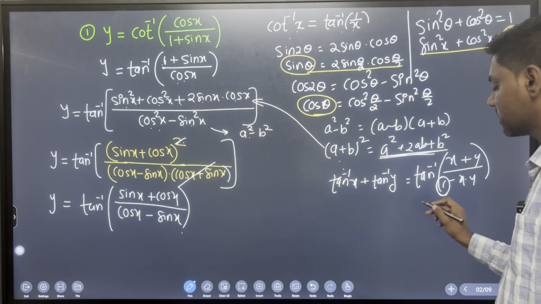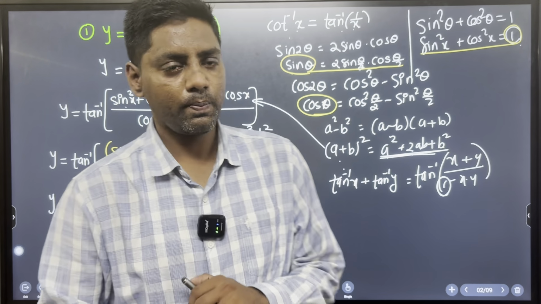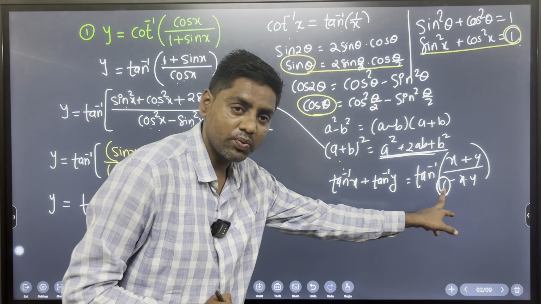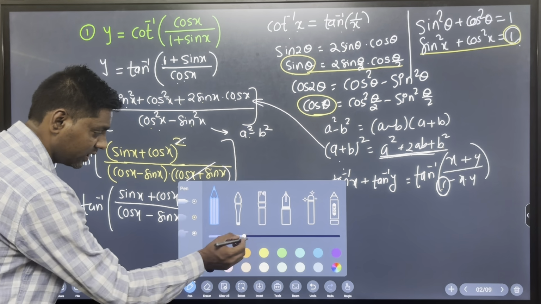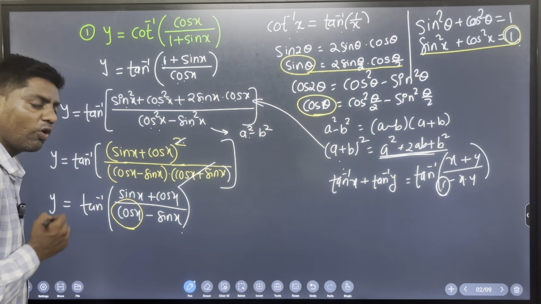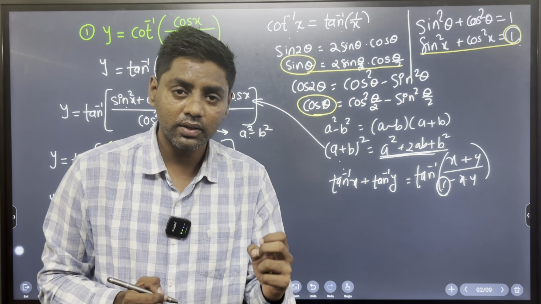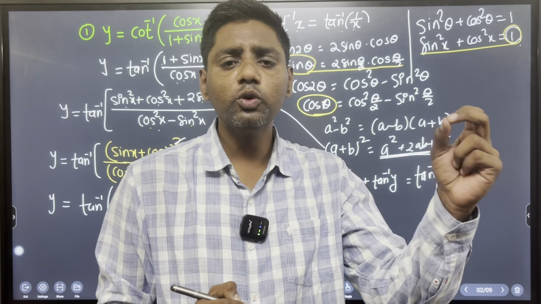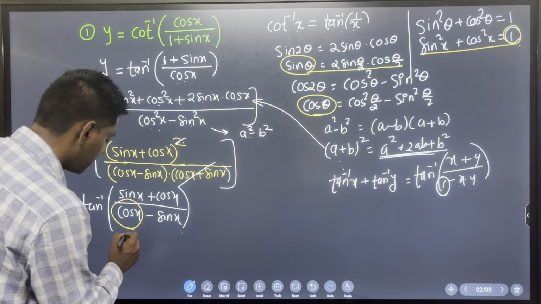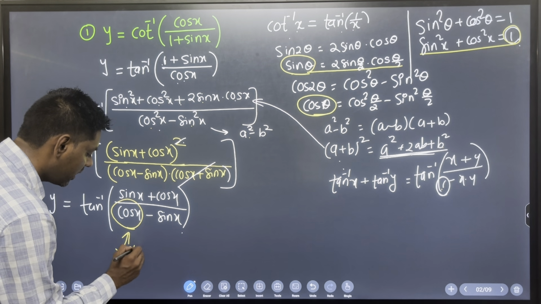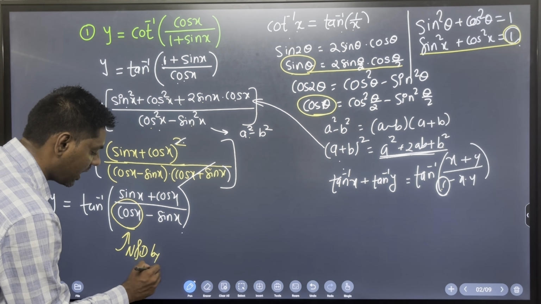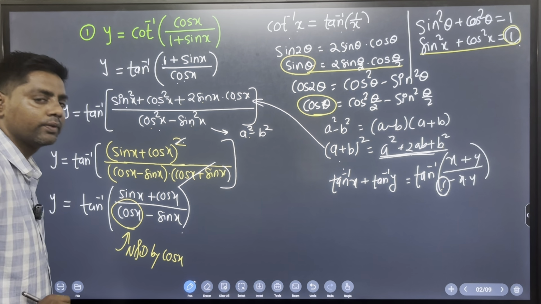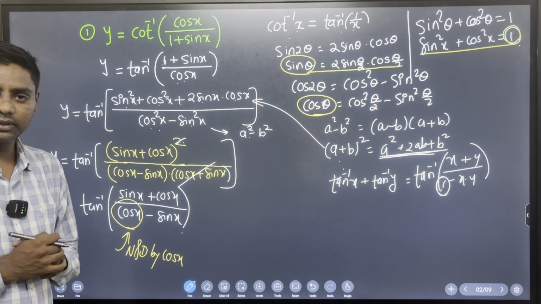Look at this term, we have to make it 1. The similar term here is cos x. To make cos x equal to 1, just divide the numerator and denominator by cos x.